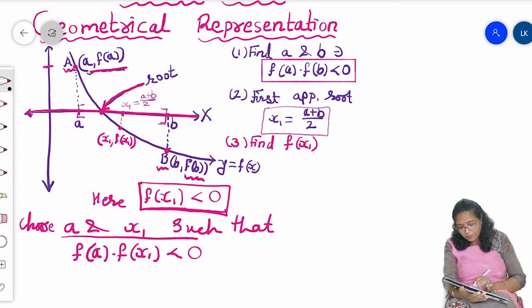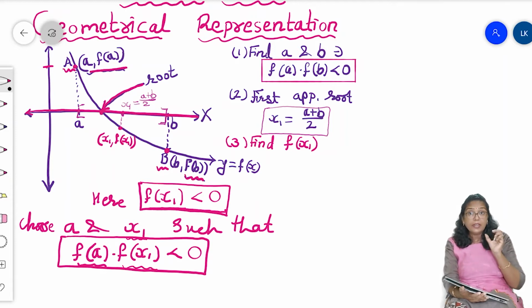The most important condition is that the image of a is f(a), the image of x1 is f(x1), and their product must be less than 0. Let us see in the figure. Now our interval is a to x1. Clear?